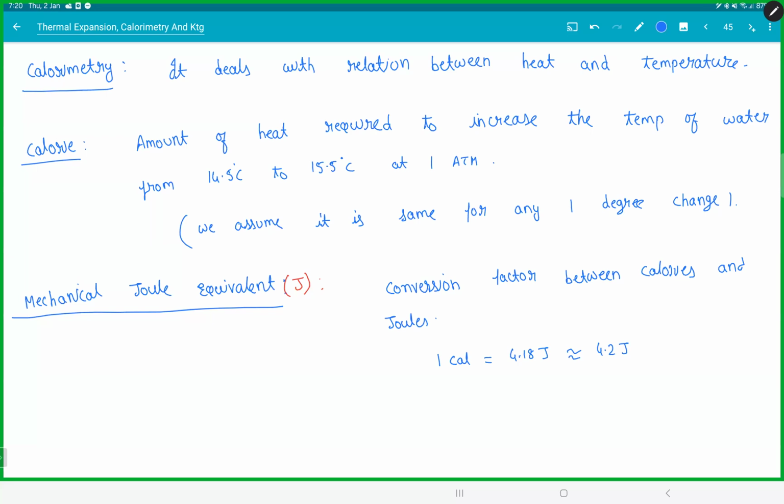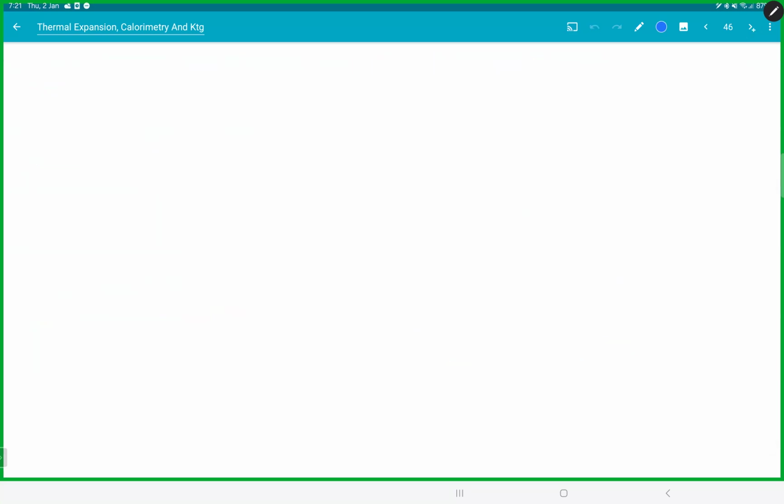Next thing. Consider a body of mass M at temperature T. Let dq be a small amount of heat. Q is a symbol we use for heat.